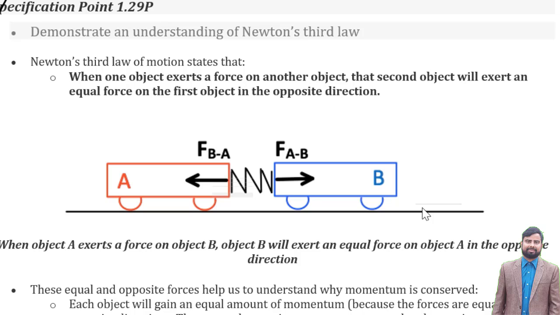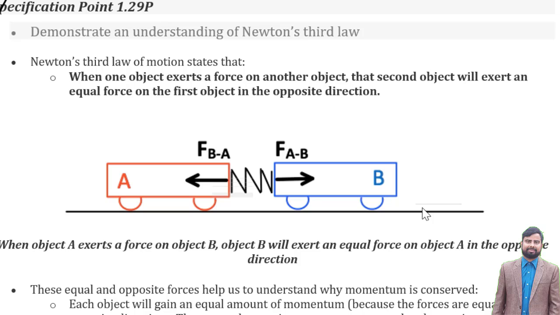Newton's third law of motion states that when one object exerts a force on another object, that second object will exert an equal force on the first object in the opposite direction. Very important.